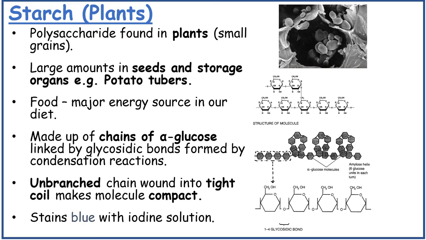Starch is made up of chains of alpha-glucose linked by glycosidic bonds formed by condensation reactions. It is mainly an unbranched chain wound into a tight coil, which makes the molecule very compact, and it stains blue-black with iodine solution.